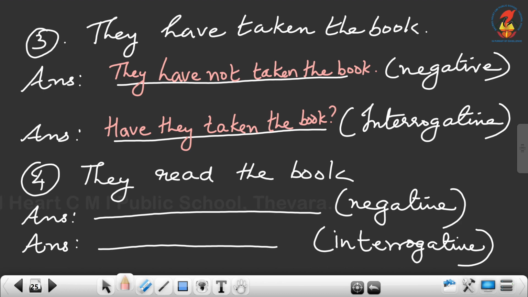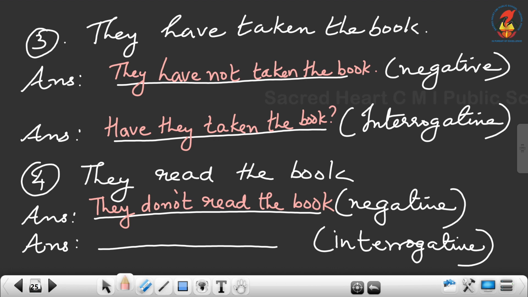Question mark. Okay. Now, they read the book. Make it negative. They, you can use do or does. They do not read the book. The original form of the verb is used here.